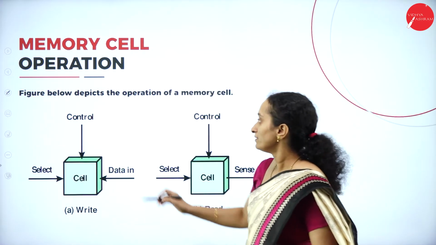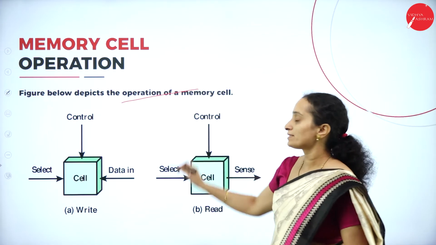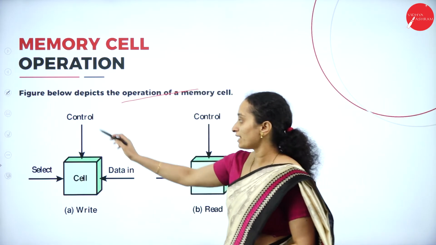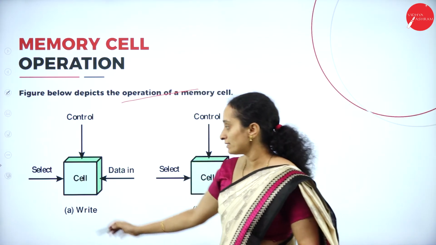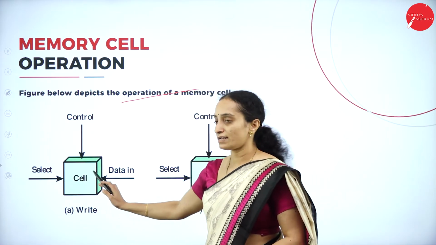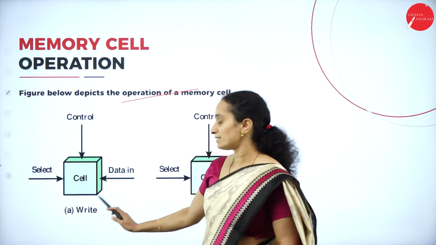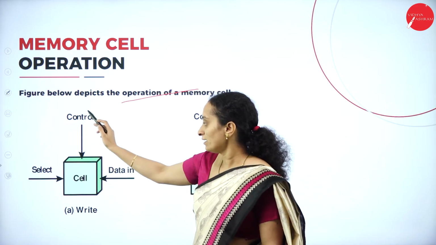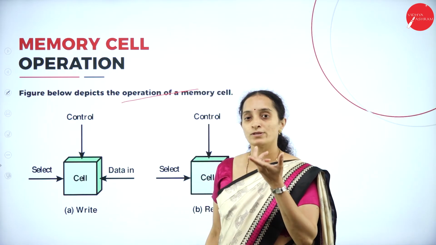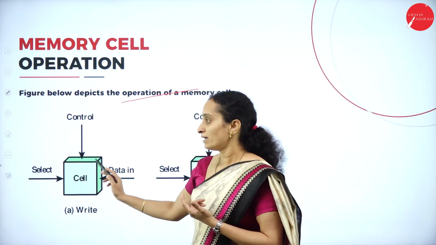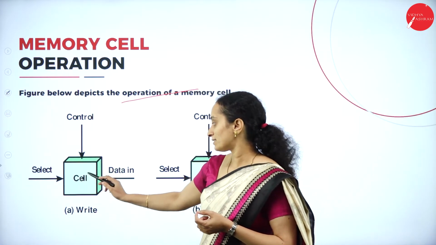Now we have the figure which depicts the operation of a memory cell. We have the control bus, select signal, and data will be given to the cell. This is the write operation. Control will be there which controls what data must be written to this cell.